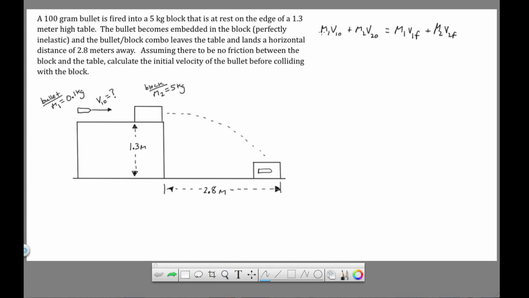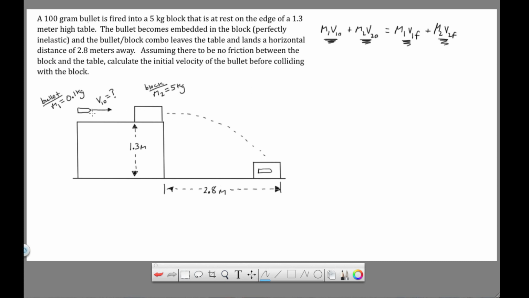All conservation means is what you start with is equal to what you end with. So in equation form, this is the initial momentum of object 1, momentum is mass times velocity, plus the initial momentum of object 2, is going to equal the final momentum of object 1 plus the final momentum of object 2.